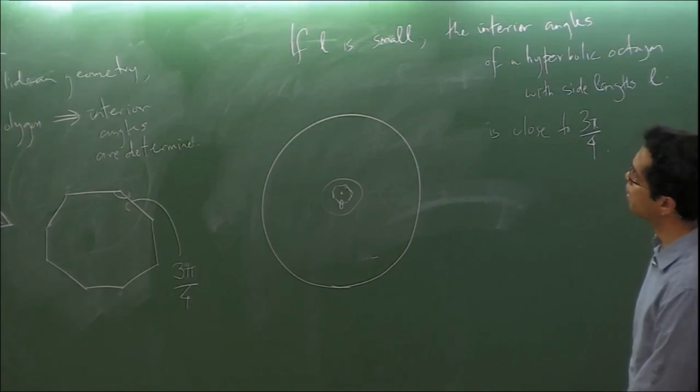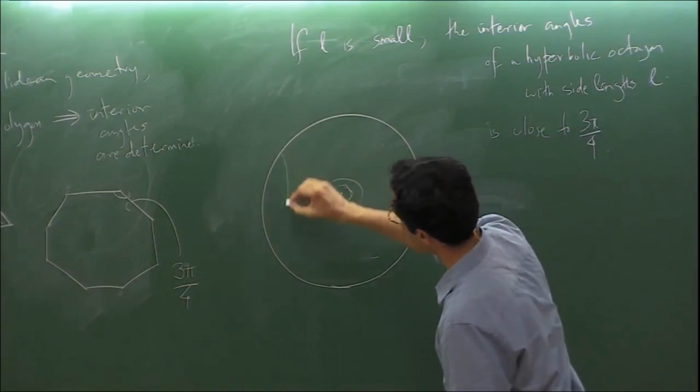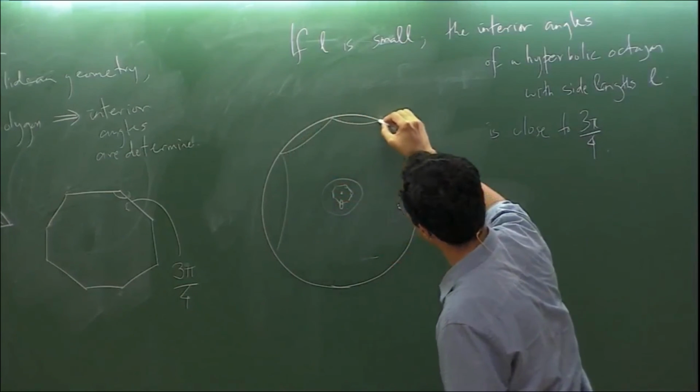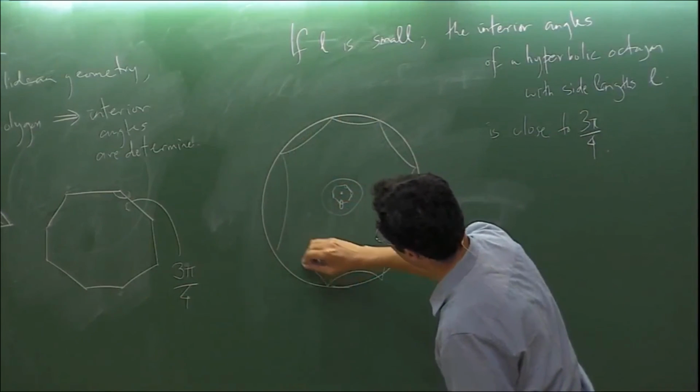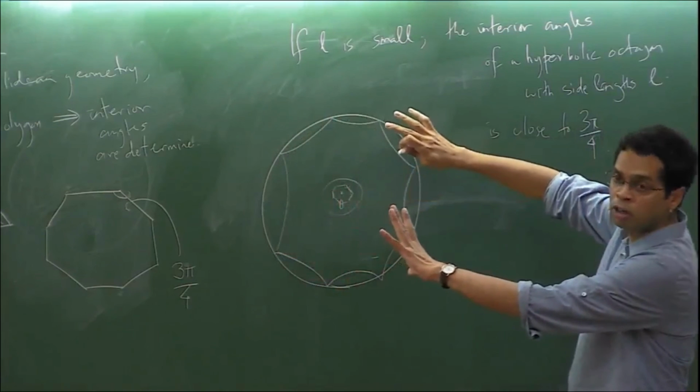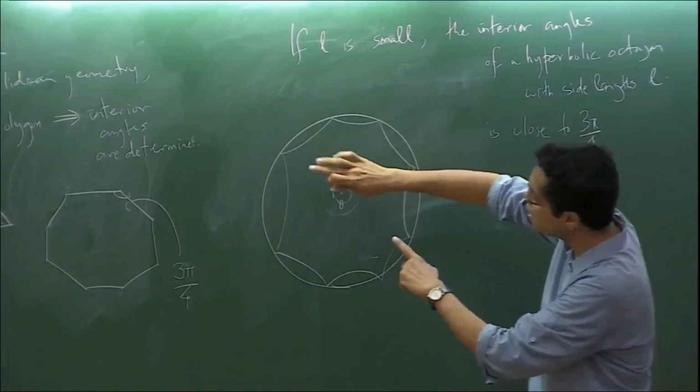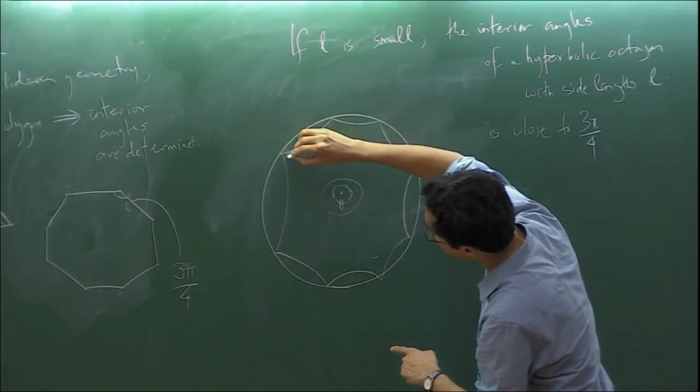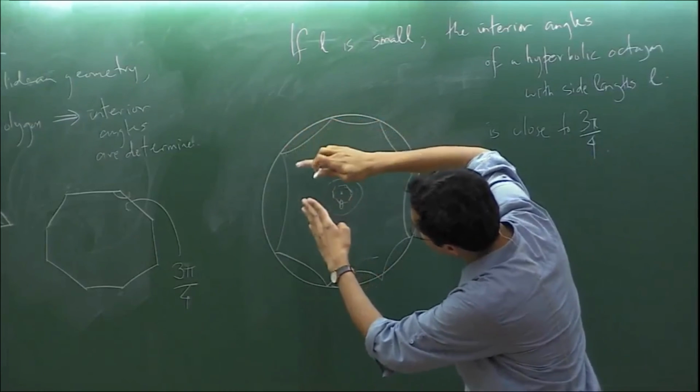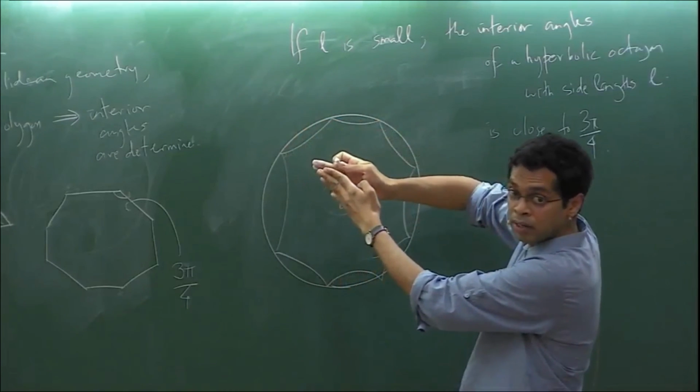And if L is large, then you're approaching this ideal octagon case, right? For an ideal polygon, these angles are 0. So this we've seen before.